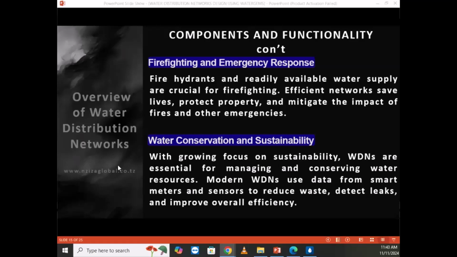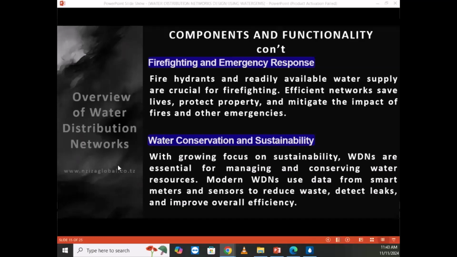You understand that by designing your system, you have to include also the firefighting. I don't know if you include those components in your designs. Yes, you include. So it is also important for us to know that while designing a water distribution system, you have to consider also firefighting.